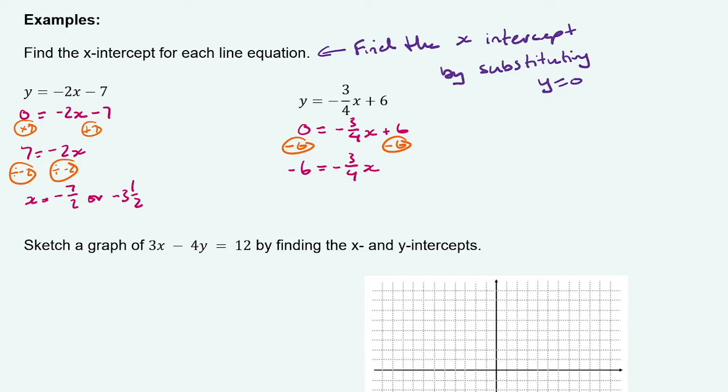Now, we can do a couple of different things from here. We can multiply by 4, and then we get minus 24, and then minus 3x. Or we could just simply divide by negative 3 over 4.